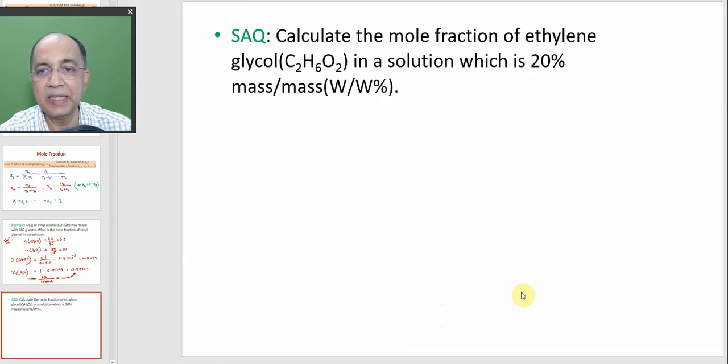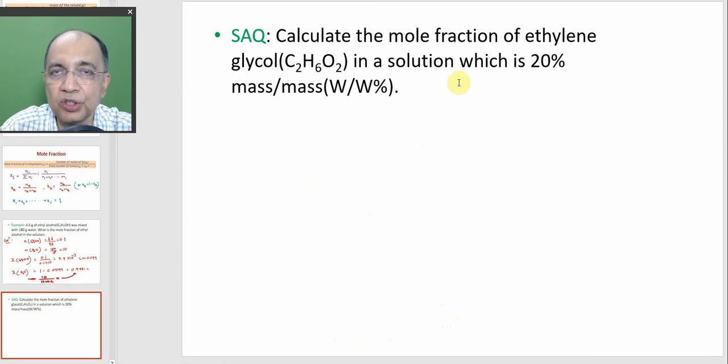Now, let us solve this problem. Calculate the mole fraction of ethylene glycol in a solution which is 20% W by W, or mass by mass. Ethylene glycol, the mole fraction is asked and the W by W percent is given, right? So let us solve this together.